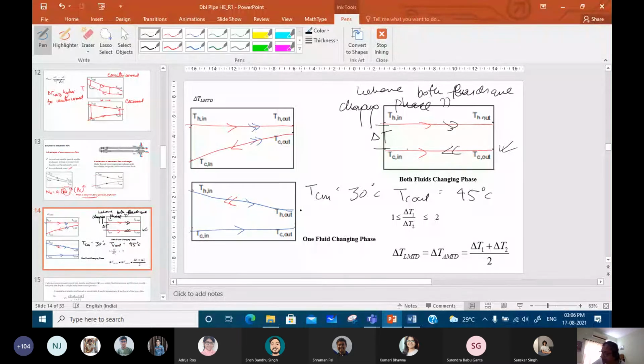Then Th in, say 70 degrees centigrade. No, this is too much. 60 degrees I can take up. Th in is 60 degrees centigrade and Th out, say 60 to 45 degrees, and this I take 30 to 50 degrees.